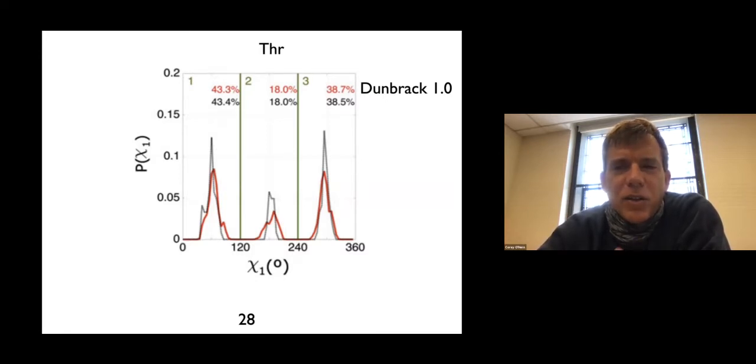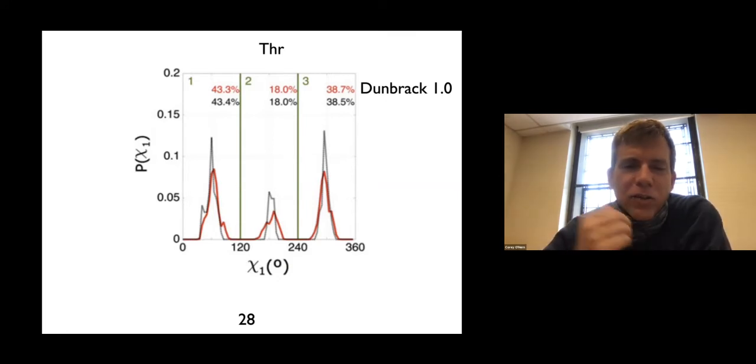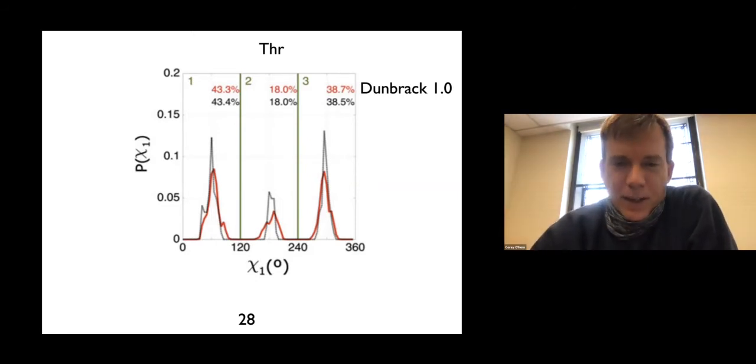And this is the probability distribution of threonine side chain dihedral angles in high resolution protein crystal structures. And you typically get 3 values.